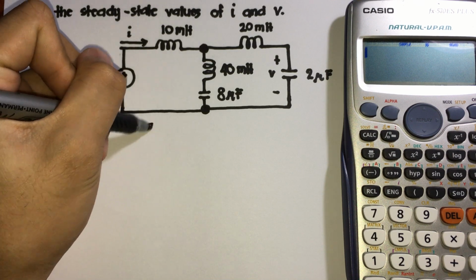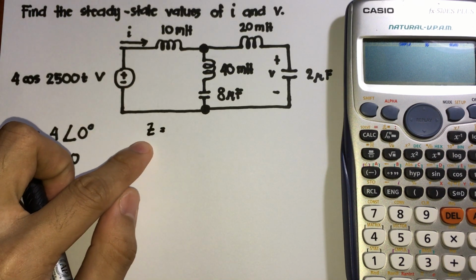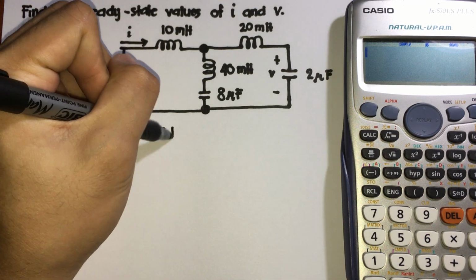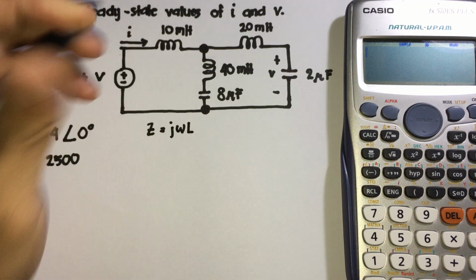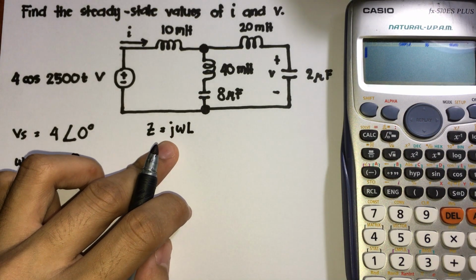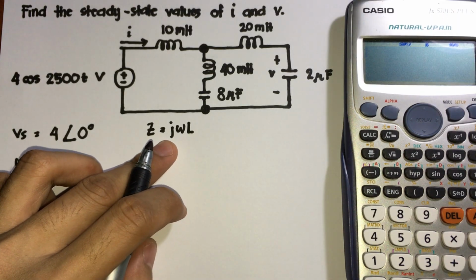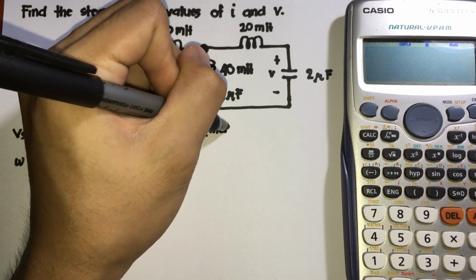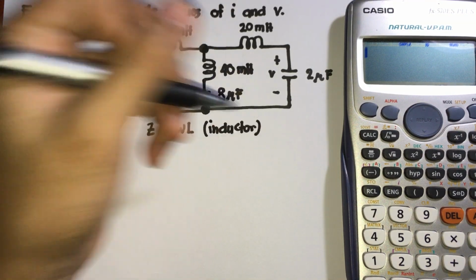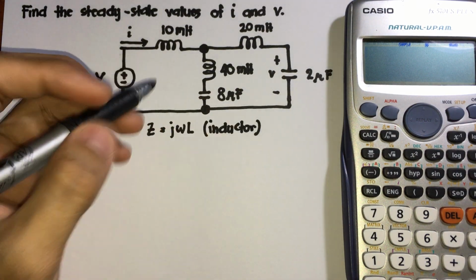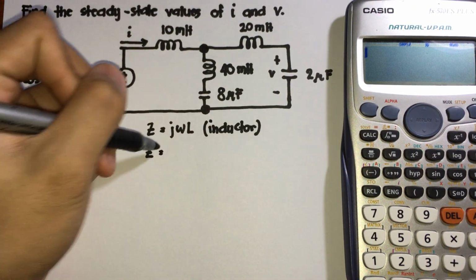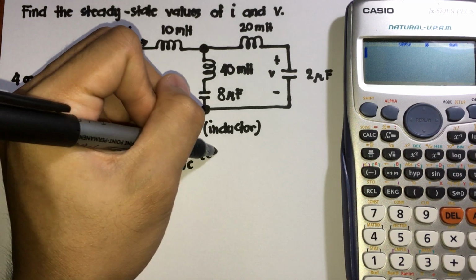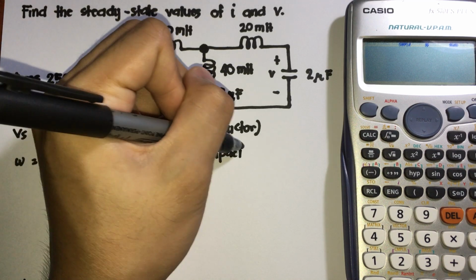For the inductor, the impedance Z is equal to J omega L. By the way, this J is just a complex constant. And for the capacitor, to treat it as a resistor, we have Z equal to 1 over J omega C.